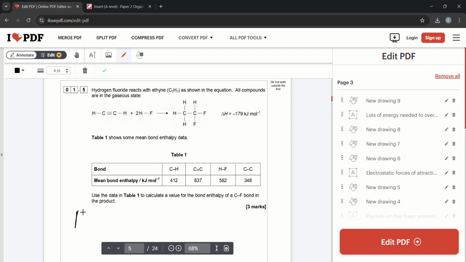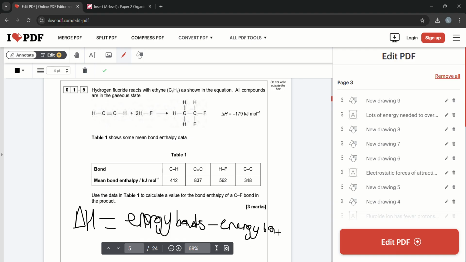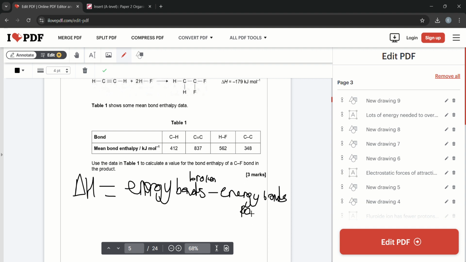Well, we know delta H, in this case, mean bond enthalpy, energy. I'm not going to write the whole thing. Energy required to break bonds minus energy bonds formed.